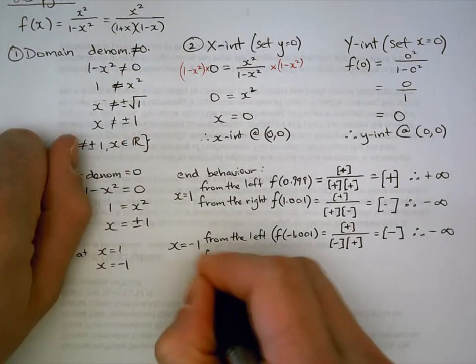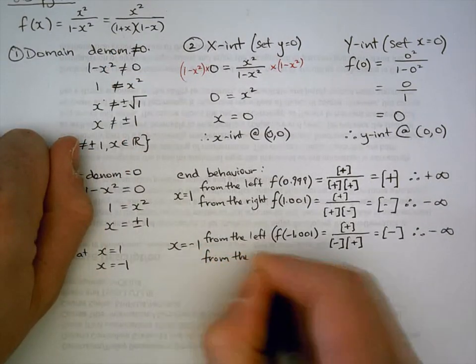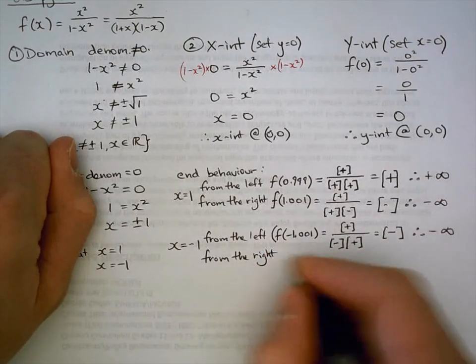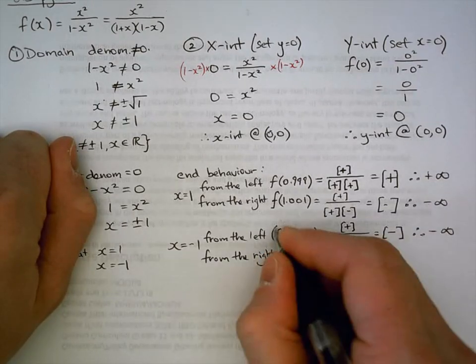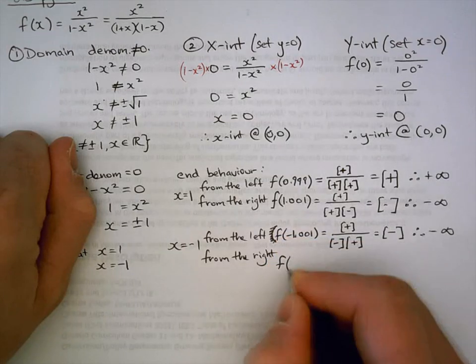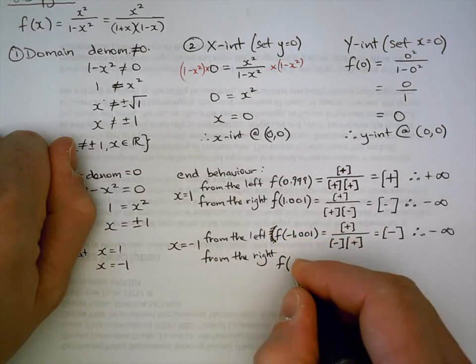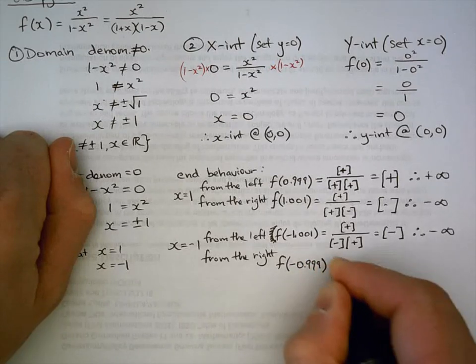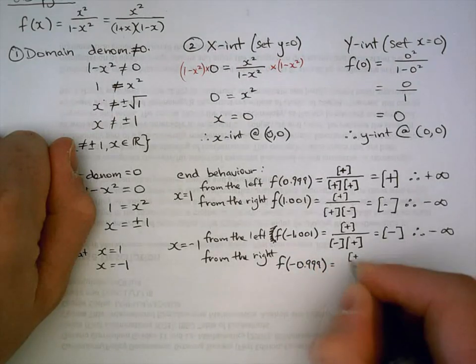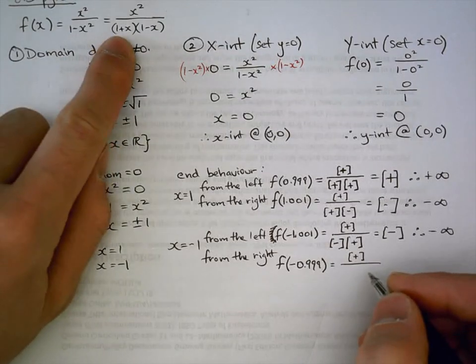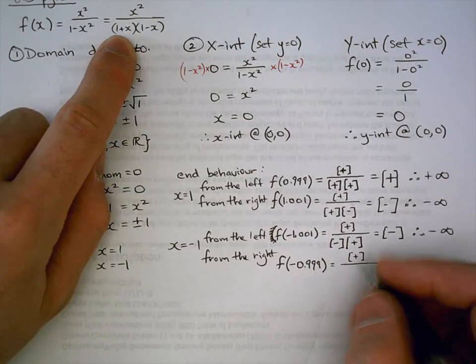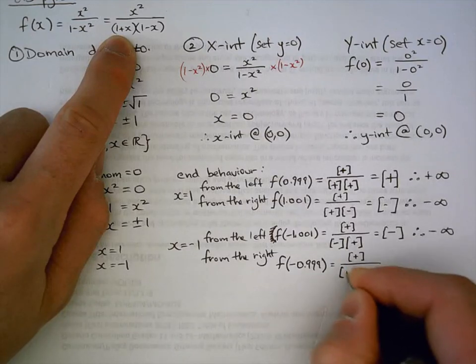Finally, we have to do this one more time from the right. Thank God we don't have like 10 asymptotes. That'd be terrible. I'm going to sub in a number that's to the right of x equals negative 1, so that's going to be negative 0.999. The numerator is always positive because we're squaring it. Go back up here. 1 plus negative 0.9999 is still positive, a small number.